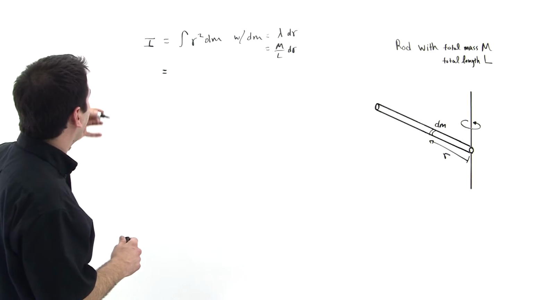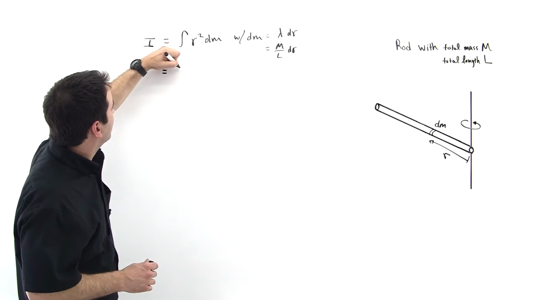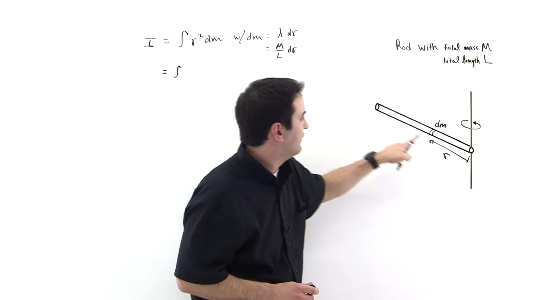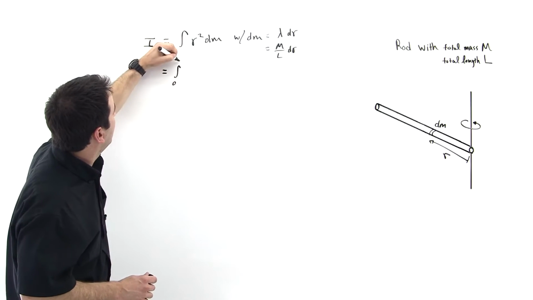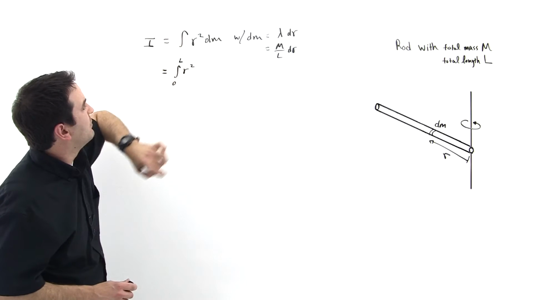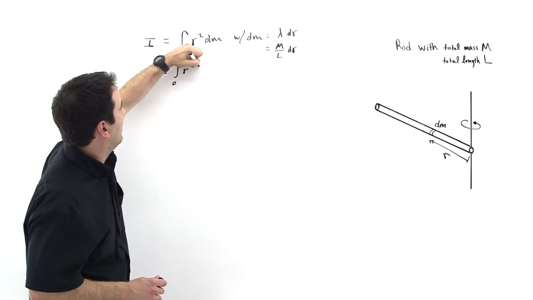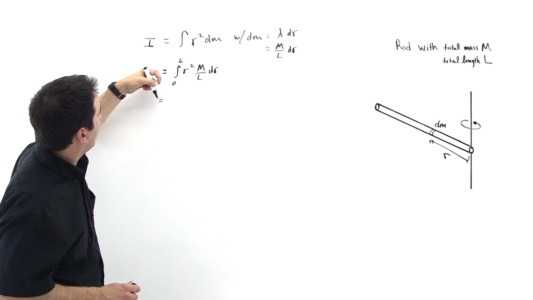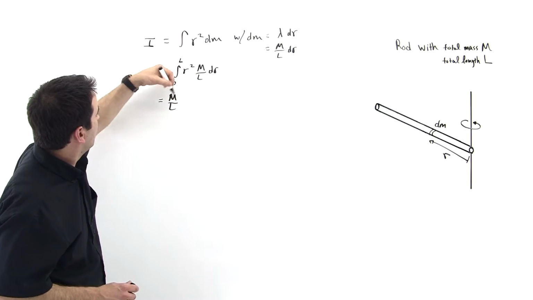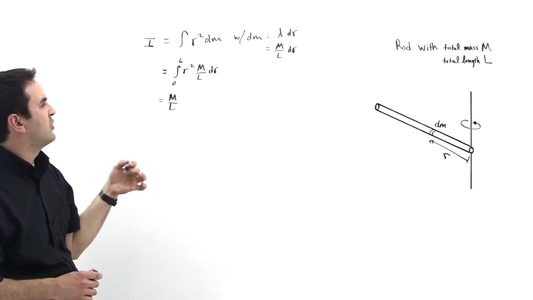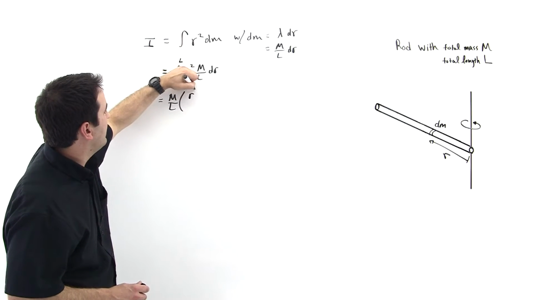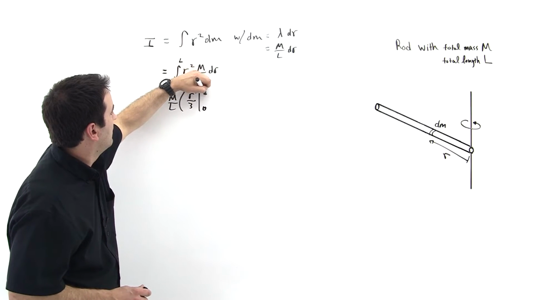So then this is equal to the integral, and we're integrating from an r of 0 out to L, so from 0 to L, of r squared dm, but dm is equal to M over L times dr. So let's factor out the M over L, and then we have the integral of r squared dr evaluated from 0 to L. The integral of r squared dr is r cubed over 3, evaluated from 0 to L, like so.